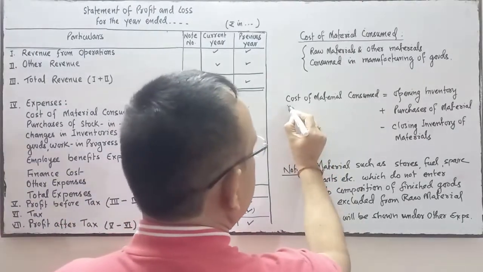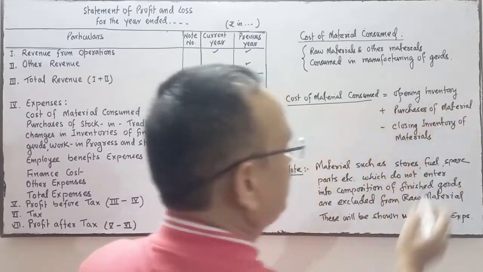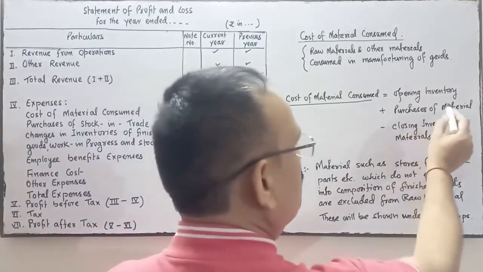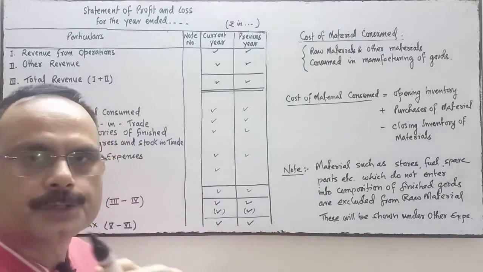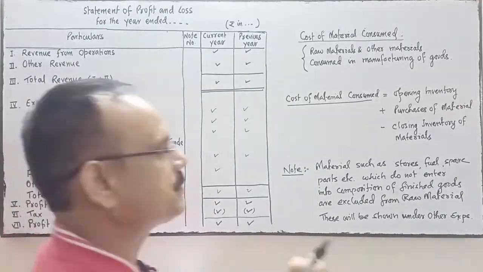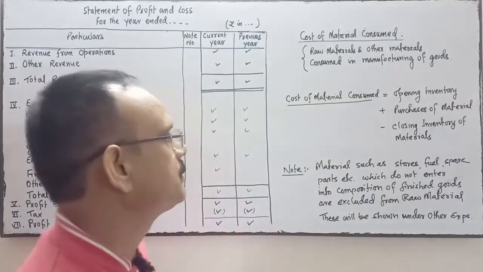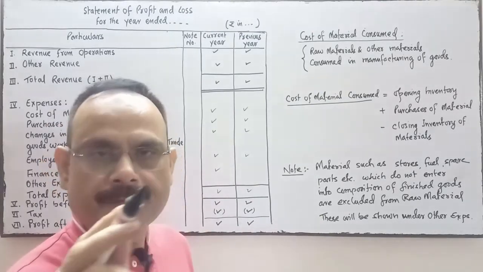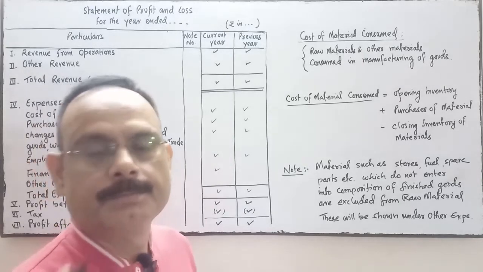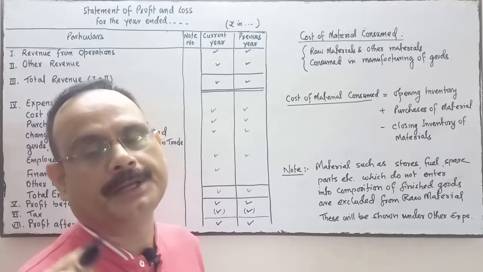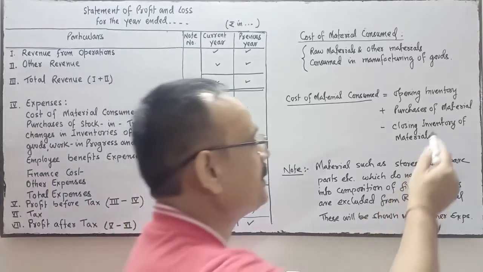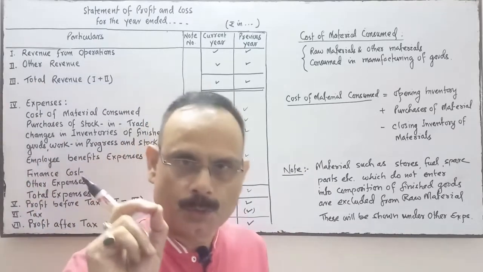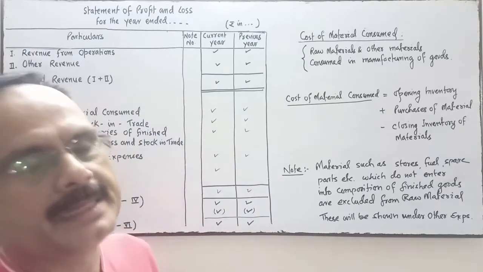So this is the formula for calculating cost of material consumed: opening inventory of material plus purchase of material, minus closing inventory of material.